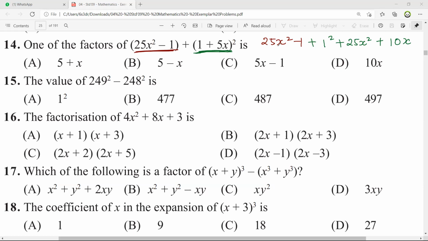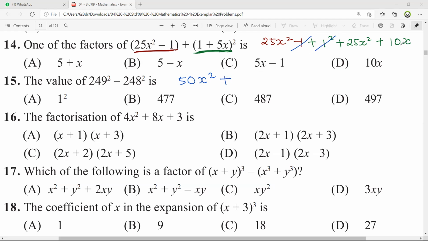Right. So we have 25x square over here and over here. So they both get added up, and this gives us 50x squared. So I'm just going to write it here, 50x squared. And I hope you're noting this down so that it will be easier for you to refer in the future. So you have minus 1 here and plus 1 here. So these two get cancelled.